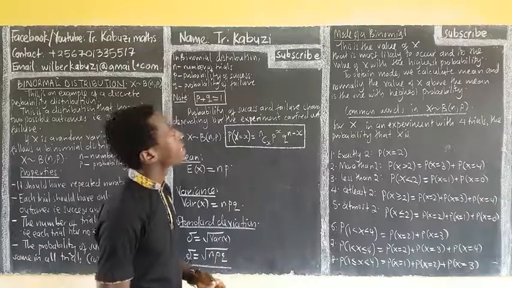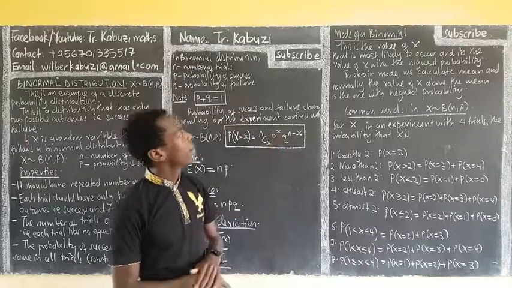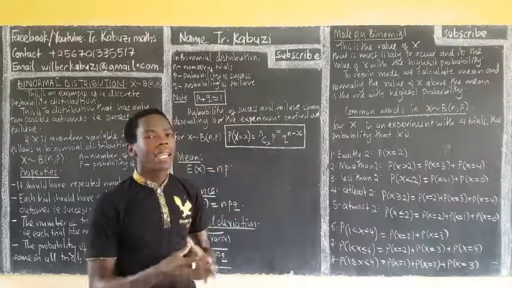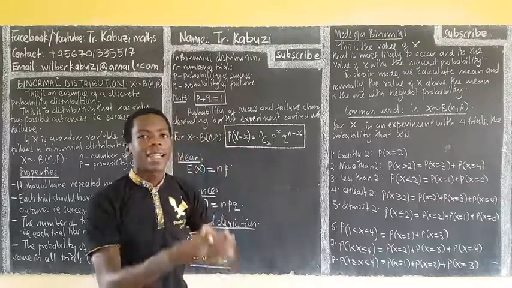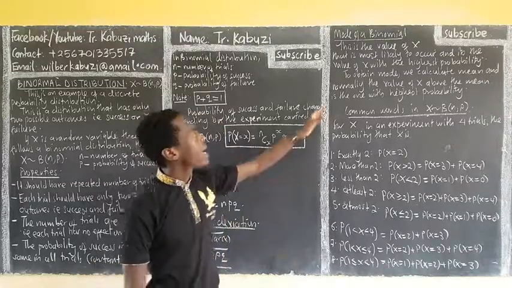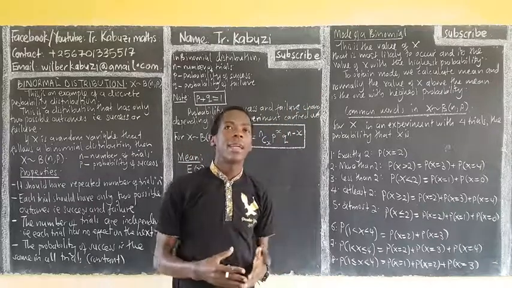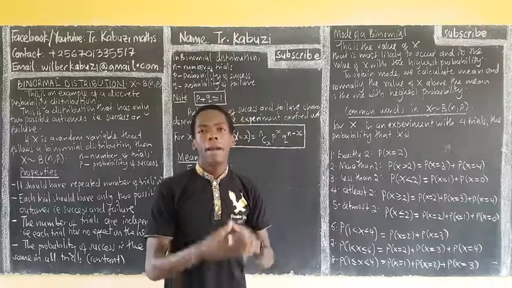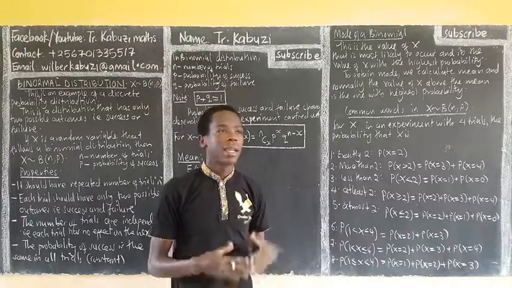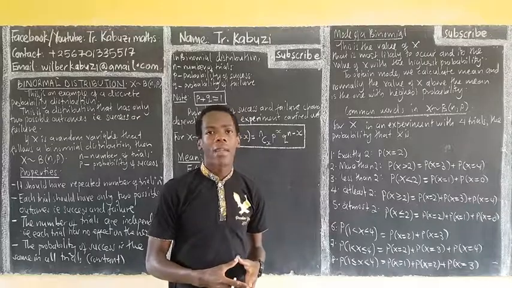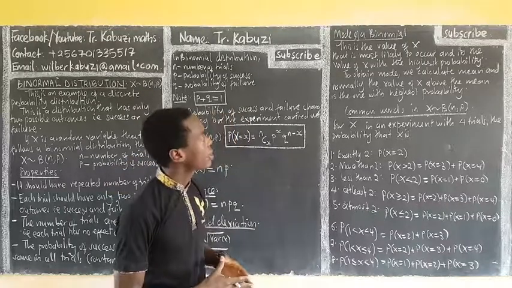And when we come to the mode of a binomial, this is the value of x that is most likely to occur. When you do something, this is most likely to happen. It's always the value with the highest probability. The lower the probability, the less the chance of that thing occurring, but the higher the probability, the more likely for that something to occur.